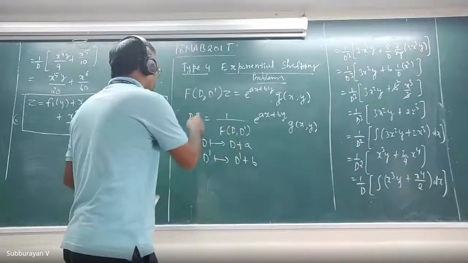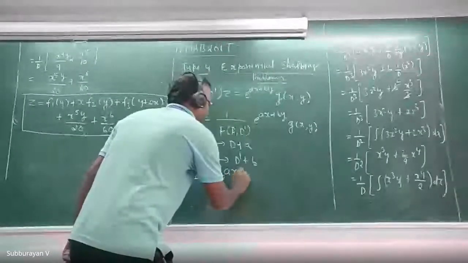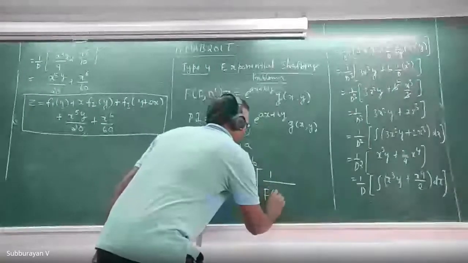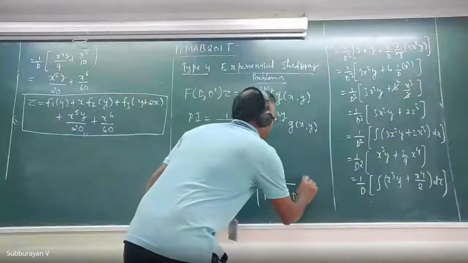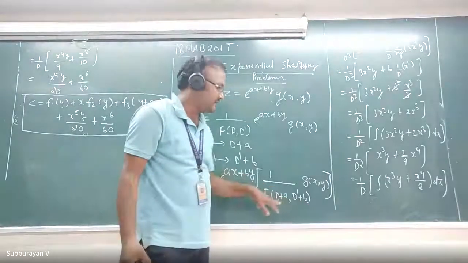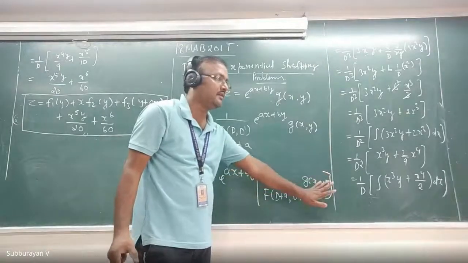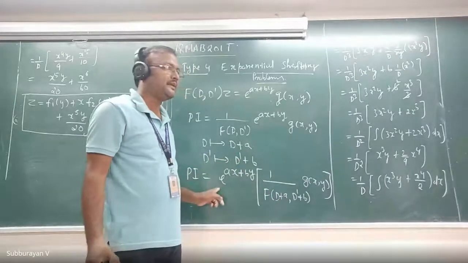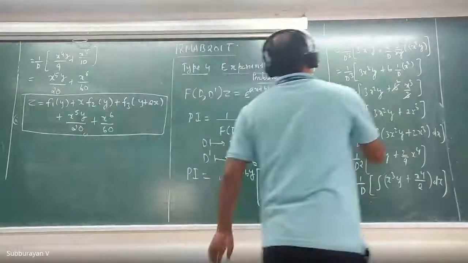Therefore, our particular integral PI is equal to e power ax plus by into 1 divided by f of D plus a, comma, D prime plus b into g of x comma y. Then after simplifying this, you calculate the particular integral for g of x comma y. Don't disturb this. After finding this, you just multiply it by e power ax plus by. Okay, this is the procedure.